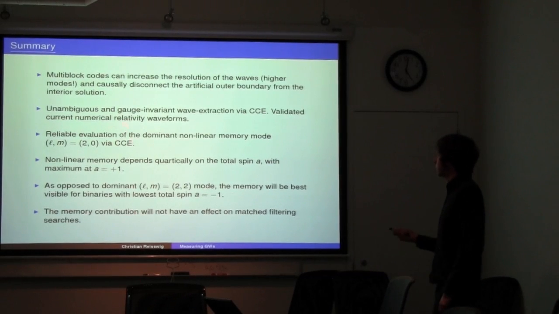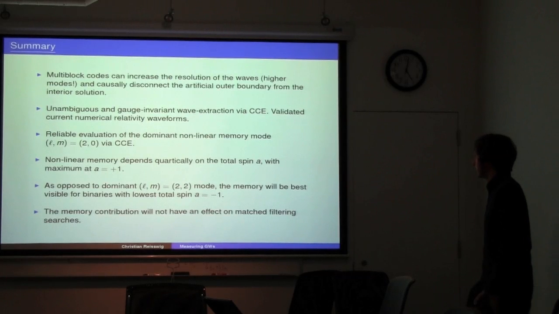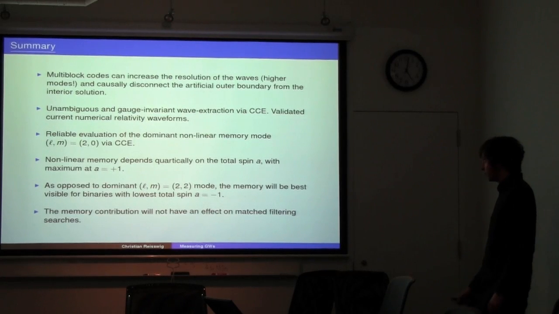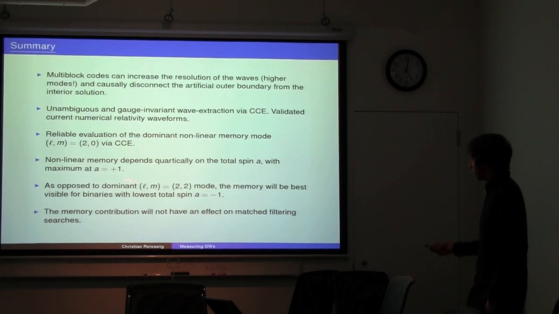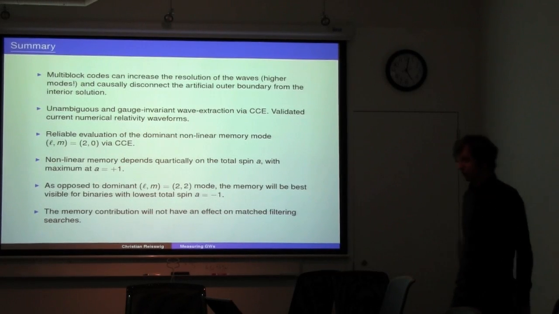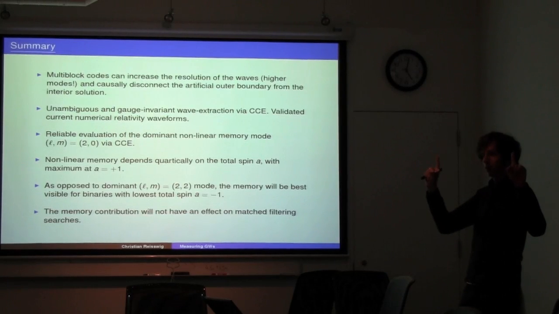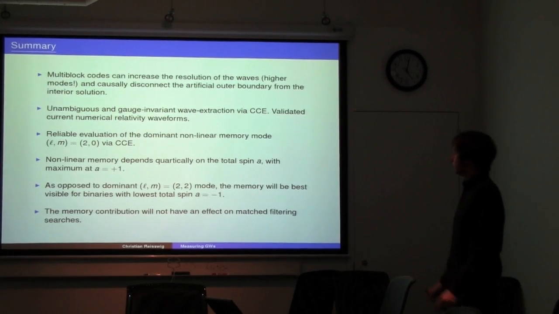Then I've used CCE to evaluate the nonlinear memory mode L2M0, and found that the nonlinear memory, the total offset of the space-time, depends only on the total spin and has a maximum in this configuration here.